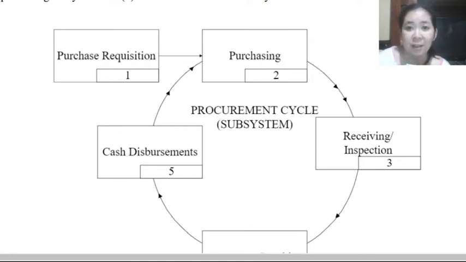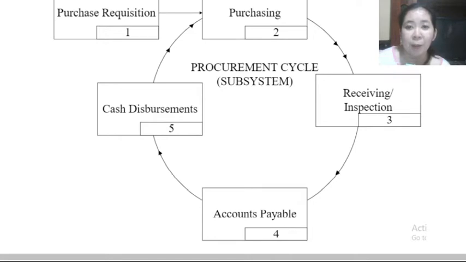And then, of course, after the order was processed, the supplier will send the order to the buyer. So in this case, the NDP will receive the items, and before they accept it, they will inspect and check to make sure that what they received is what they actually ordered.